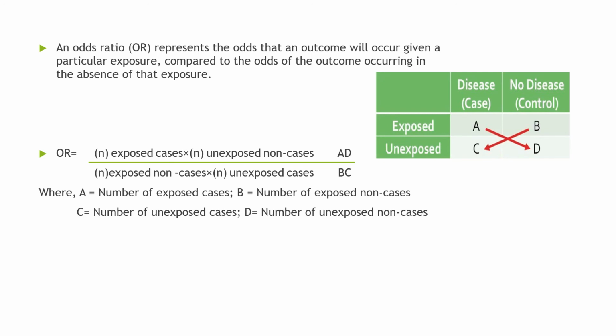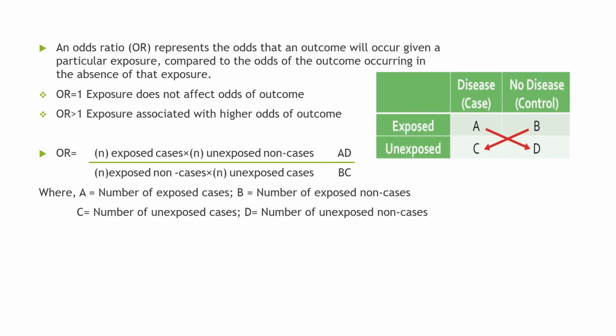It is the exposed cases multiplied by the unexposed non-cases divided by the exposed non-cases multiplied by the unexposed cases, that is AD divided by BC. When the odds ratio is equal to 1, it means the exposure does not affect the odds of outcome. When odds ratio is greater than 1, exposure is associated with higher odds of outcome. When odds ratio is less than 1, exposure is associated with lower odds of outcome.